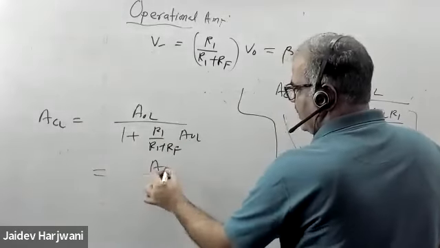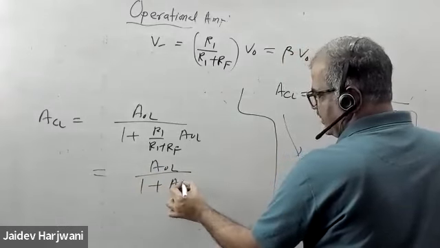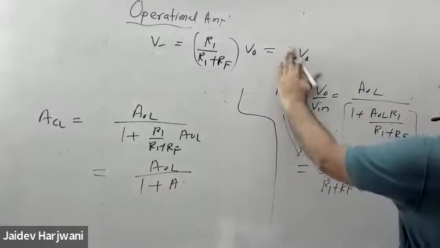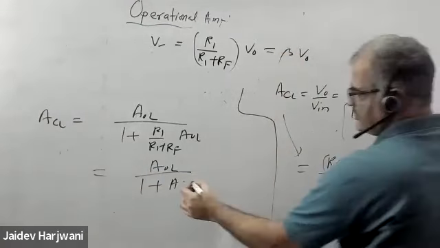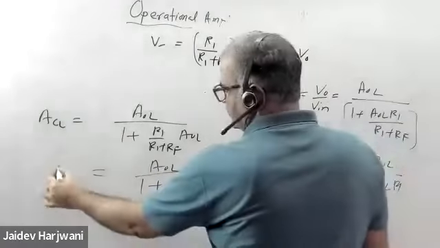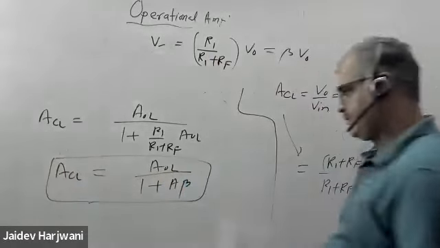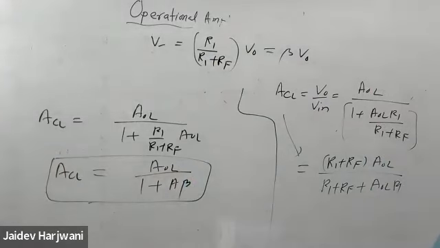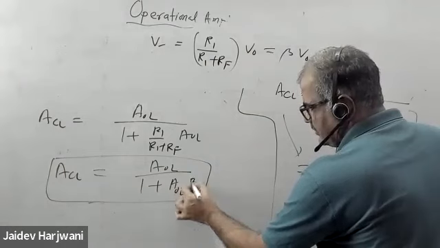This you can write as AOL upon 1 plus A beta, or sometimes you write B also. Whatever you want to write, let me write beta. So this is your closed loop gain in terms of open loop gain, and this is your A open loop gain, and this is your beta.